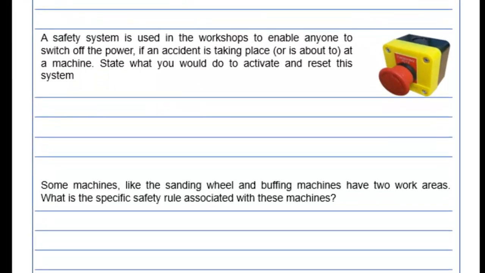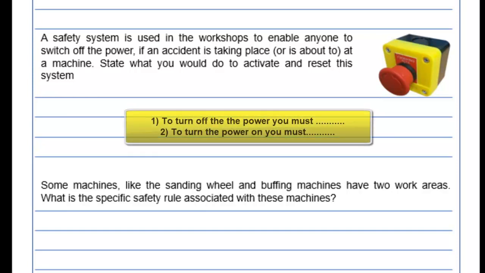Question 3. A safety system is used in the workshops to enable anyone to switch off the power if an accident occurs or is about to take place or is taking place at a machine. State what you would do to activate and reset this system.